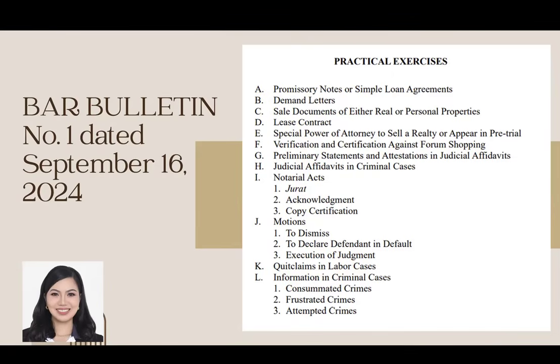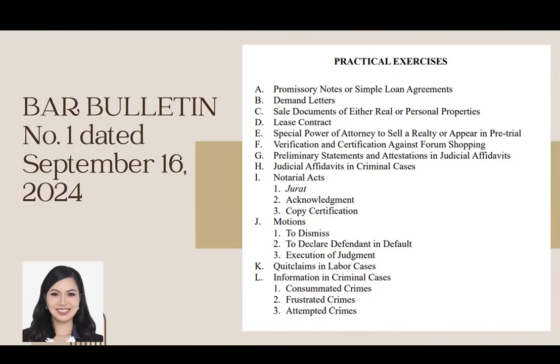Next, lease contract. Next is special power of attorney to sell a realty or appear in pre-trial. Next, verification and certification against forum shopping. Letter G, preliminary statements and attestations in judicial affidavits. Letter H, judicial affidavits in criminal cases. Letter I, notarial acts.